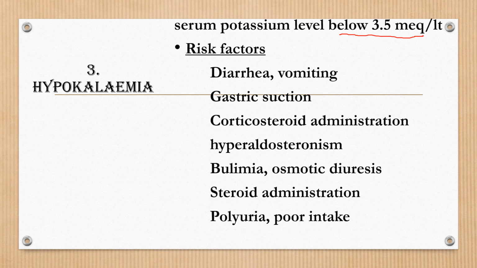The major risk factors are diarrhea, vomiting, gastric suction, corticosteroid administration, hyperaldosteronism, bulimia, osmotic diuresis, steroid administration, polyuria, and poor intake. So these are the factors that decrease the serum potassium level.